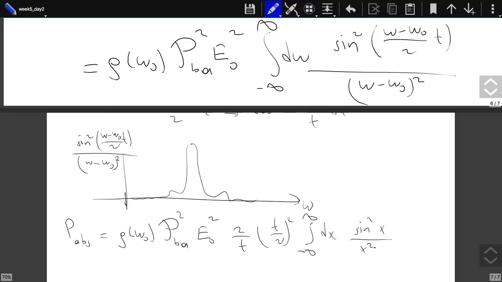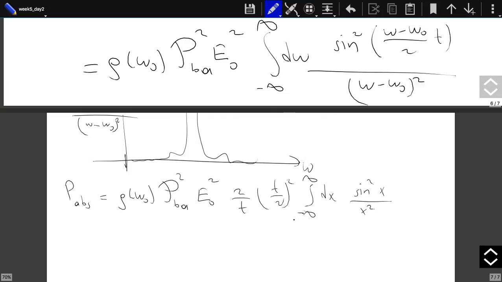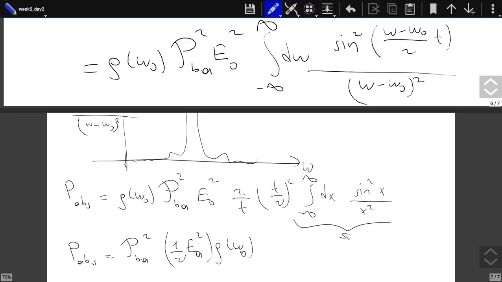This is just a number. Now let me look at the number. Okay, that number is pi. So the absorption probability will be, okay, these matrix elements, 1 over 2 Ea squared, rho of omega 0, times pi times t.